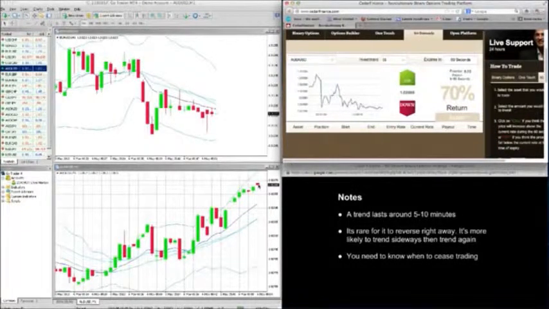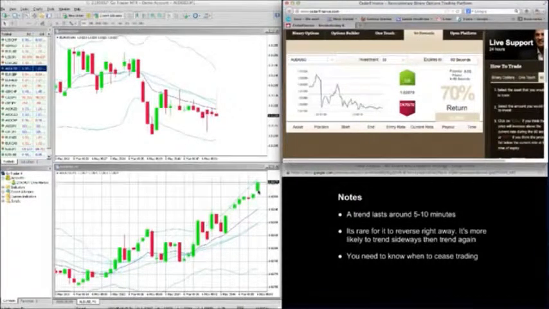So also, you can see here the trend's continuing to go up.